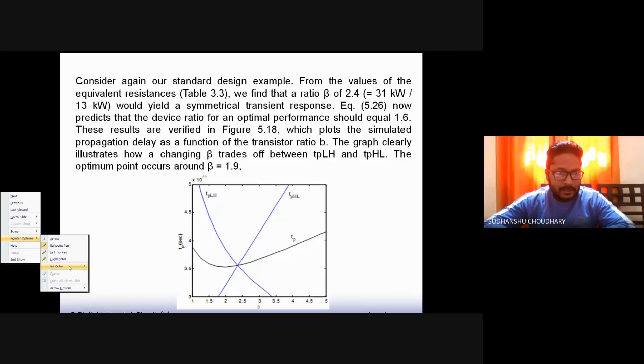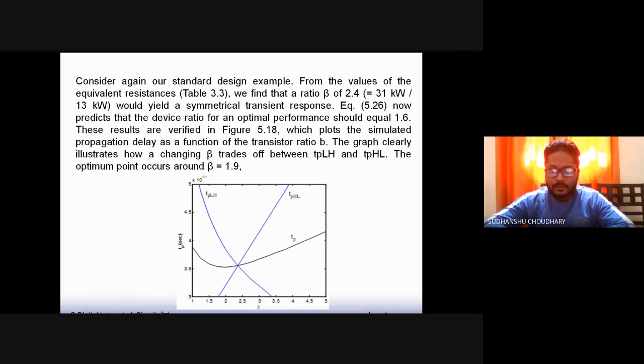So the optimum beta comes out to be equal to 1.6. But when you simulate the same structure, we saw that using the simulation, this plot is obtained when simulating this device, not from equation 5.26. This is by simulating the CMOS inverter using SPICE. So when you do this, you will find that the optimum value of beta can be located either at this point or maybe at this point, right?